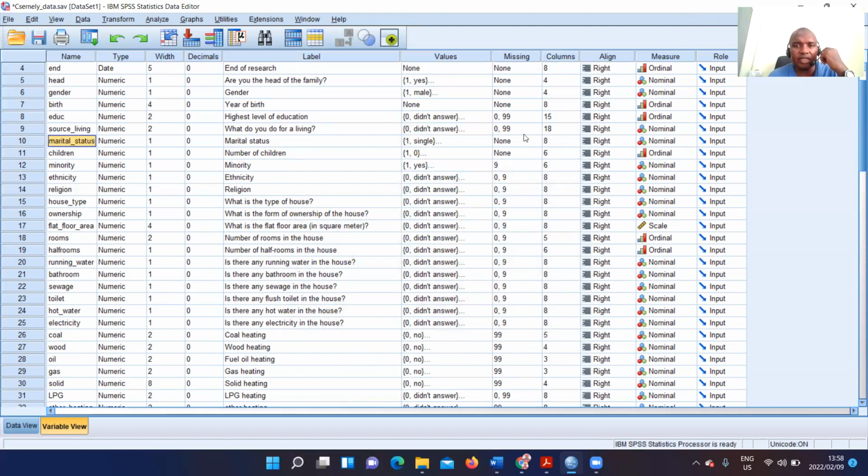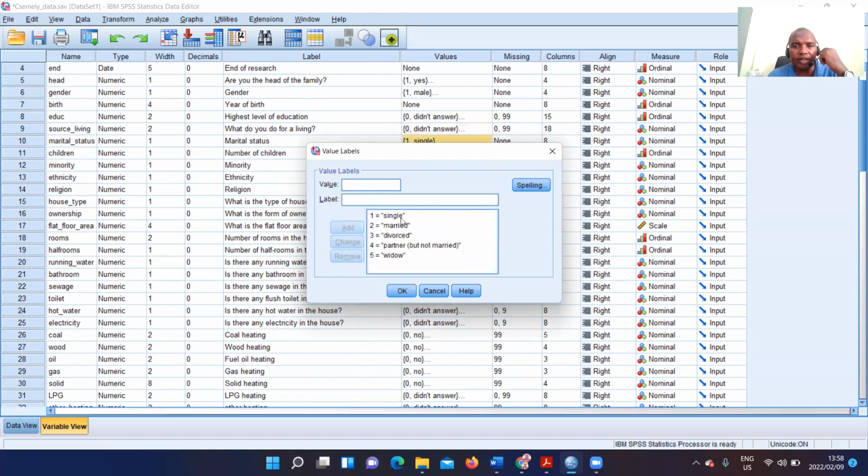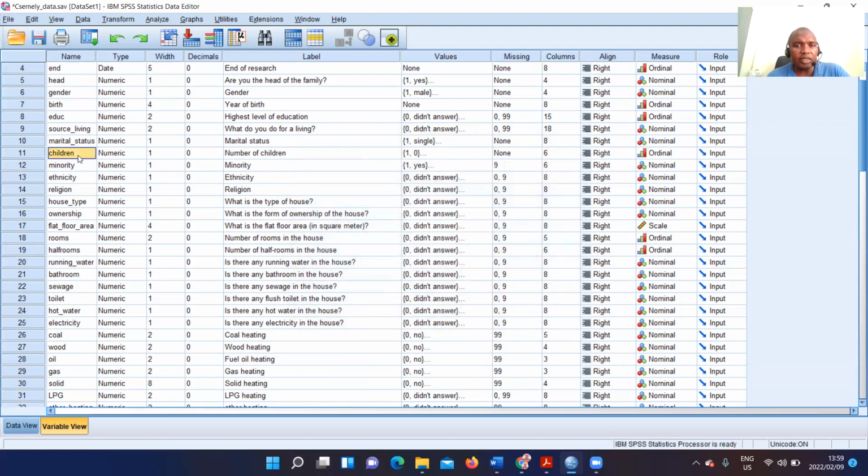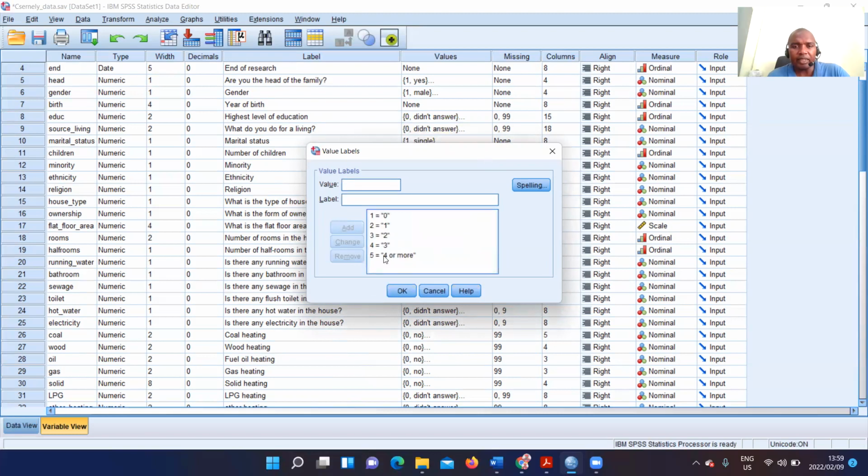And then marital status, we have single, married, divorced, partner but not married, widow, being 1, 2, 3, 4, 5 respectively. And then we've got children, number of children. Again, they are quoted the way you see on your screen there.